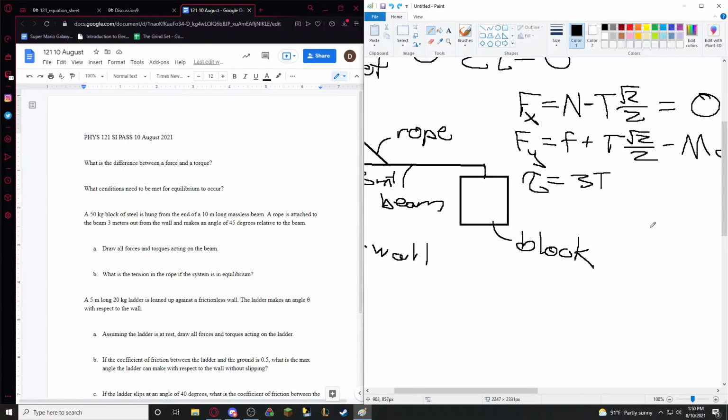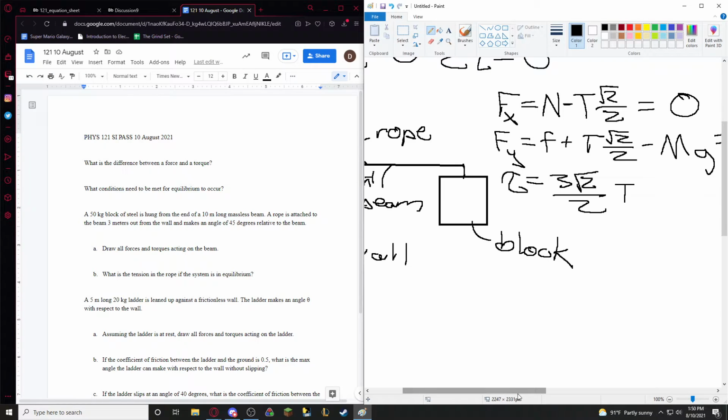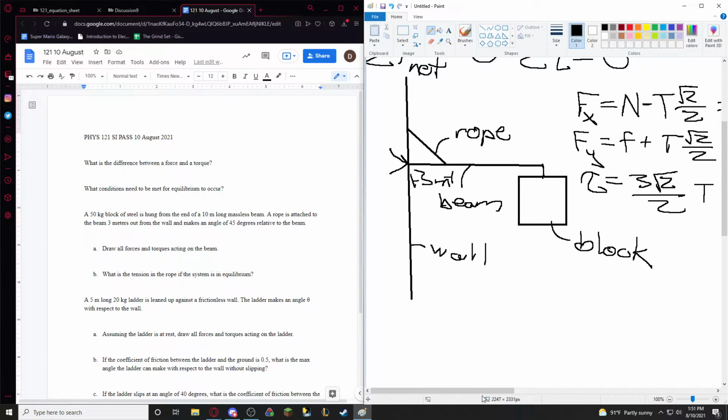Square root of 2 over 2. Exactly. So 3 root 2 over 2 tension. And then what else contributes to the torque here? The block. Yep.